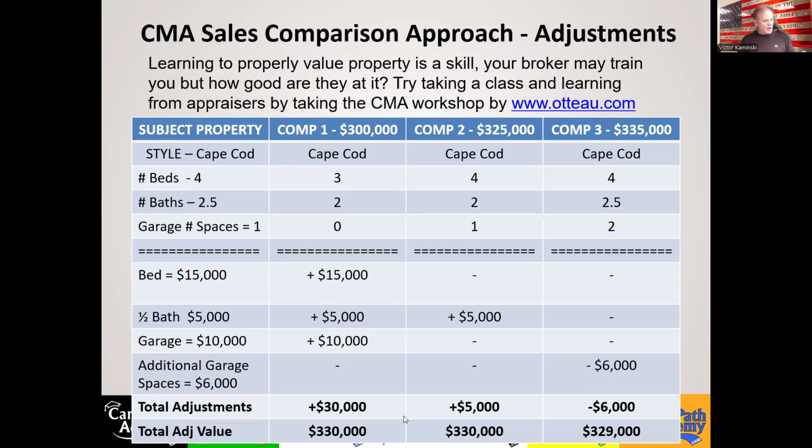Okay, so for example, you've got one property with 4 bedrooms and another has 3. If the subject property has 4 bedrooms, but a comparable property that recently sold only has 3 bedrooms, you need to find out the value of a bedroom and then add it to the sales price.